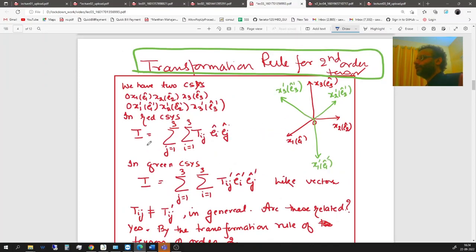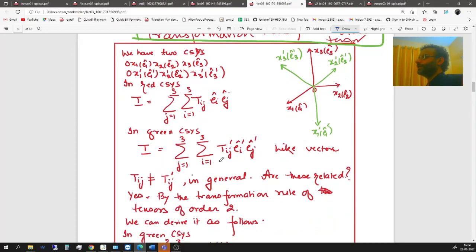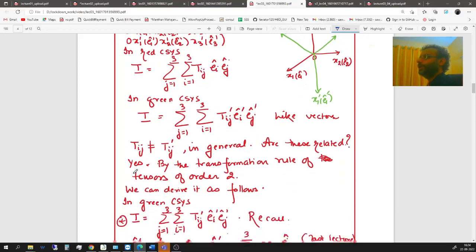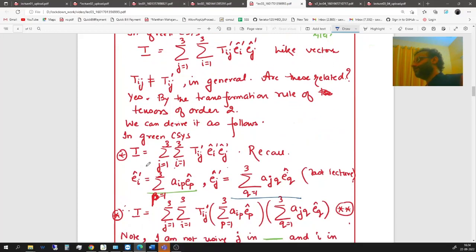In the red coordinate system, we write T as Tij Ei Ej, and in the green coordinate system, accordingly, I must represent that as Tij prime Ei prime Ej prime, right? Again, in general, Tij will not be equal to Tij prime, but the same question I raised, whether they are related. Yes, they are related by what can be called the transformation rule of tensor of second order. And we can derive it as follows.